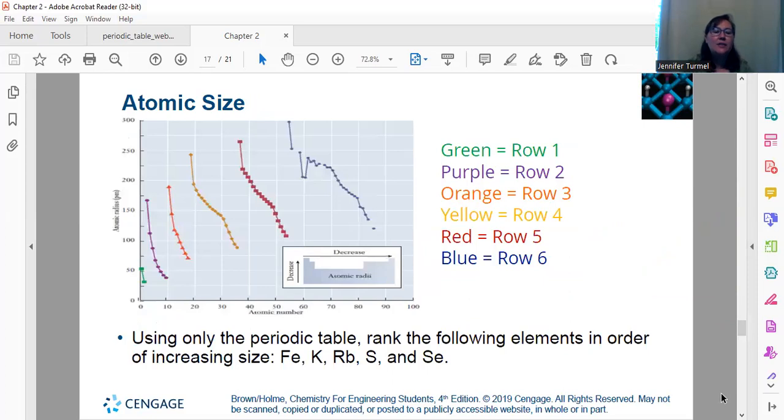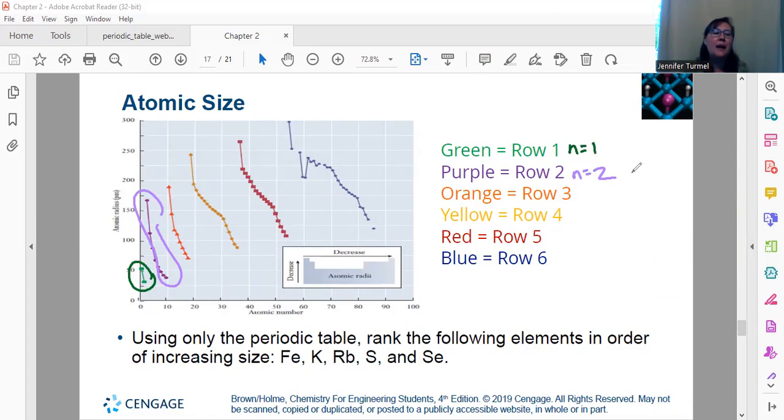Okay, this is just showing you a little bit of an idea about what's going on. So here in row 1, you have your greens right here. Okay, this is row 1, or N is equal to 1. And then our next one, we have kind of a purpley color right here, but this is N equal to 2. Okay.